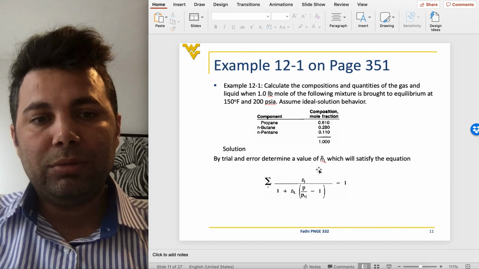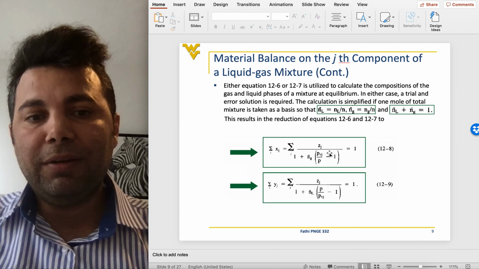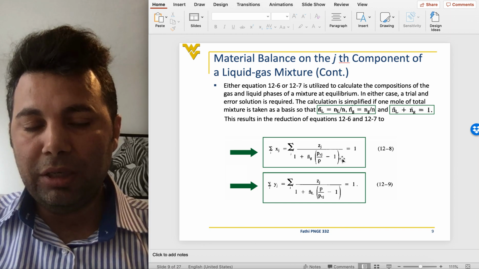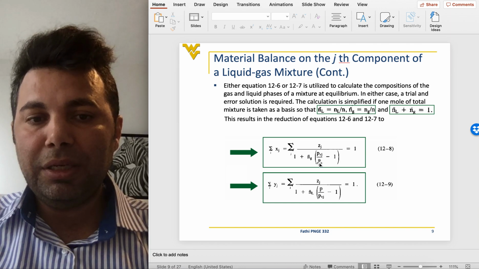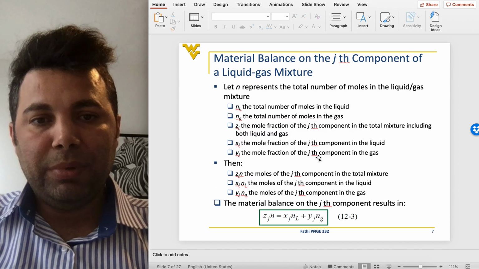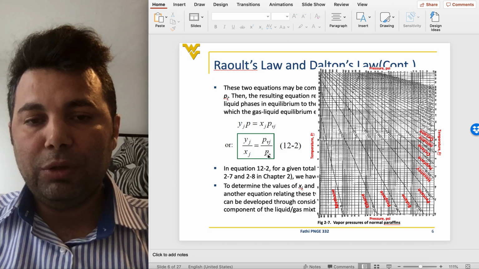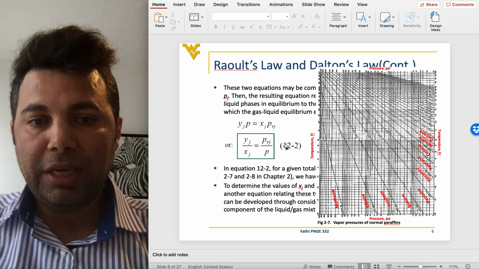So if we go back to our equations 12.8 and 12.9, to simply convert this from ideal to the real solution, I'm going to replace PVJ over P by K, because remember, Yj over Xj was equal to PVJ over P, and I know PVJ over P is equal to K, the K equilibrium constant.